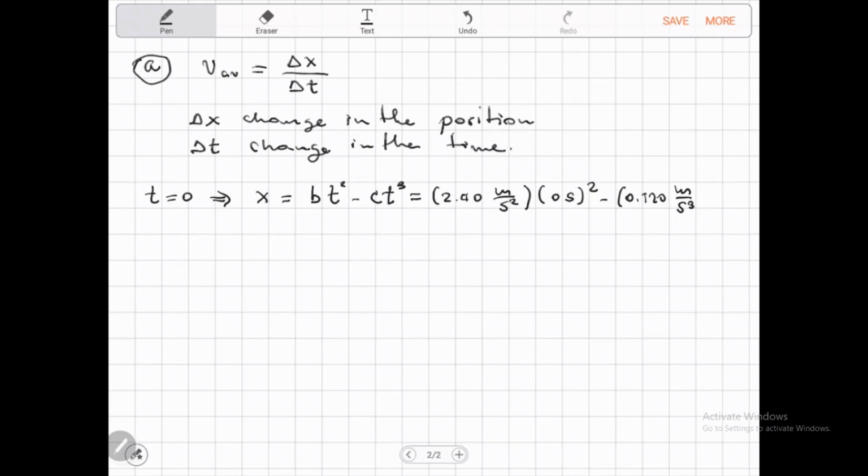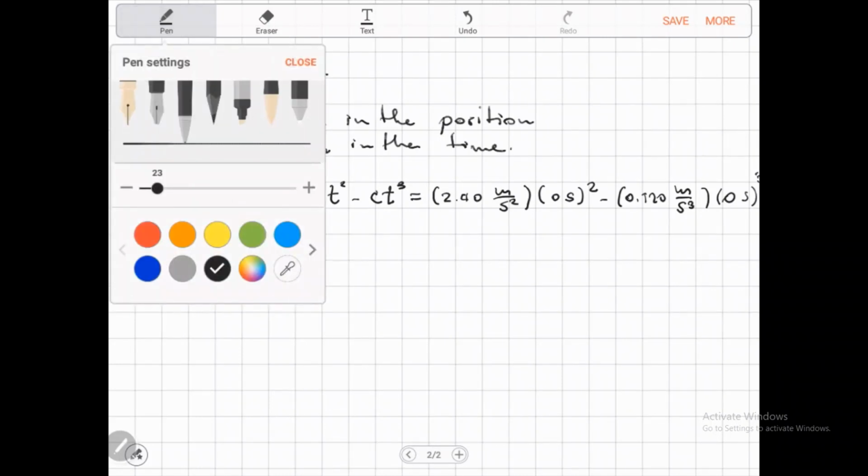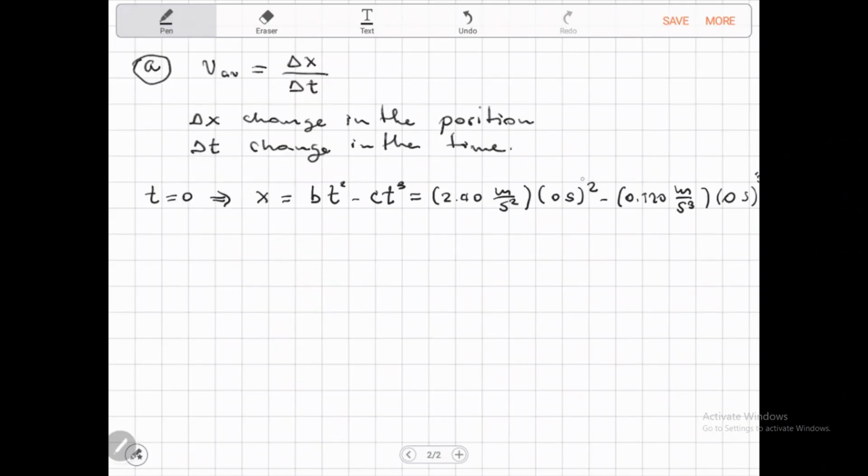On this occasion the time is 0 seconds cubed. We have to remember that any number that we multiply by 0 is going to be 0. It doesn't matter that here we have the second power and here we have the third power.